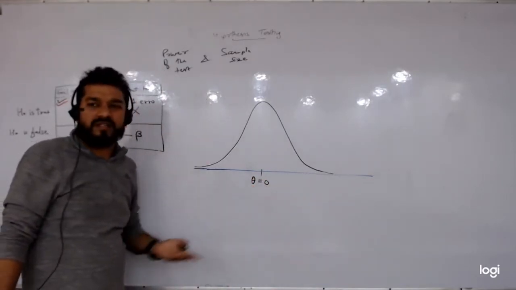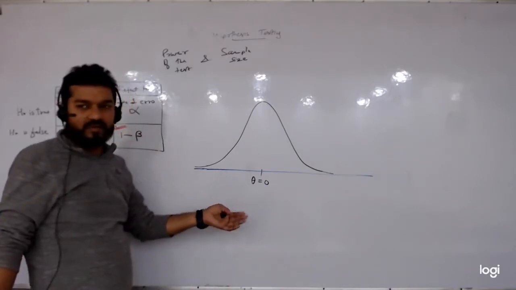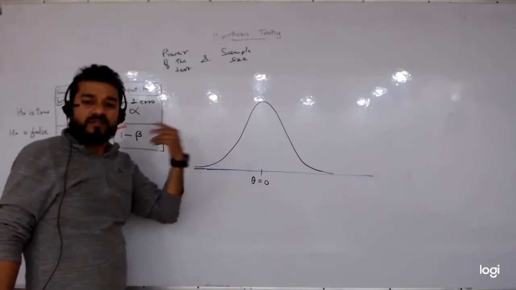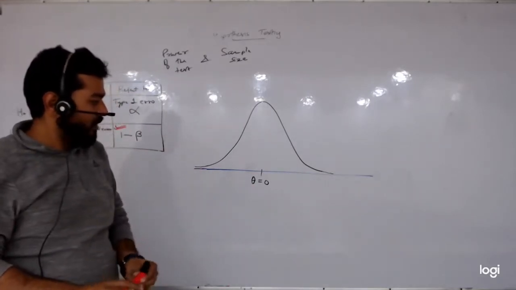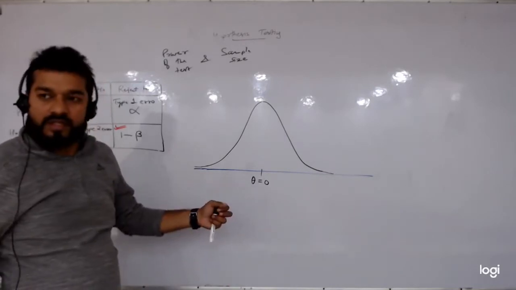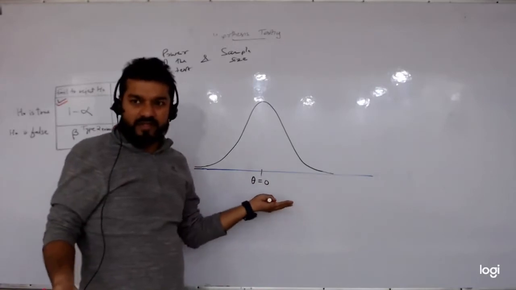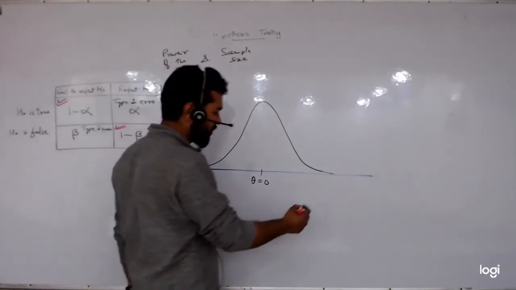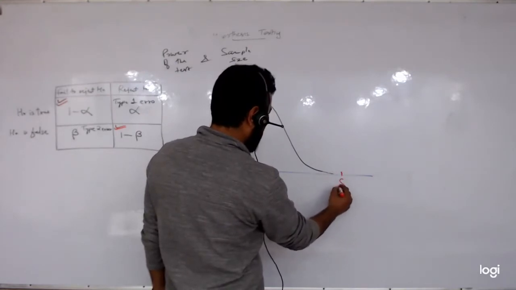So theta, defined as the difference between the proportion of people showing improvement in the examples, there is no difference, so this is true. If indeed this is false, there is actually some difference, there would be some value of that difference over here. Now let's say that is delta.